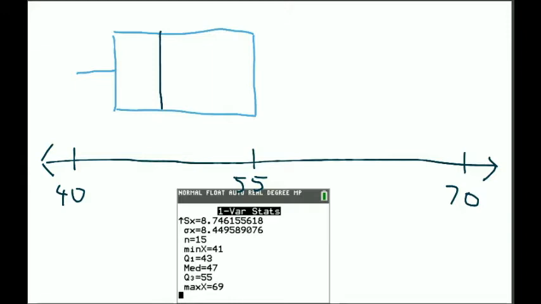Next, we draw a horizontal line from Q3 to the value that is within the upper limit, which just happens to be our max of 69. Now we have a rough sketch of our box plot, which appears to be skewed right because the whisker on the right is longer than the whisker on the left.